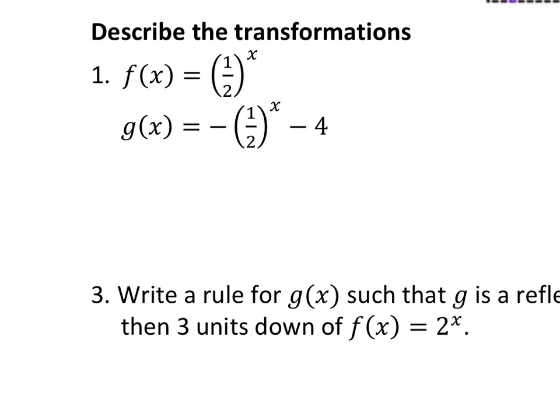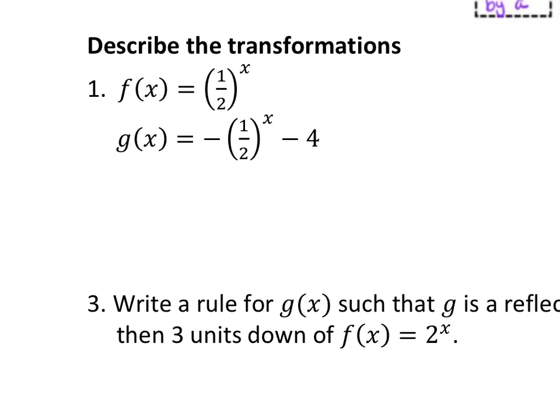So if we go look at problem number 1, comparing f to g, we just want to describe what's happening. What are the differences between the way f is written and the way g is written? It has a negative in front. Very good. What else? Yeah, it has a -4 behind it.